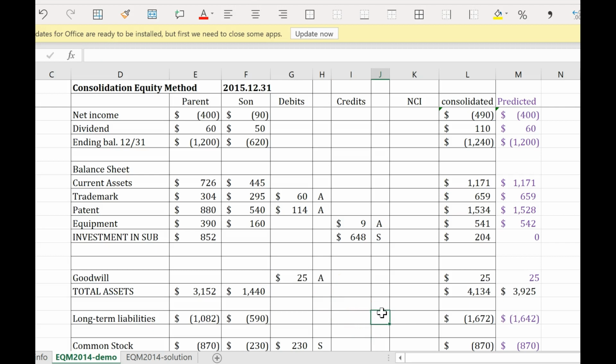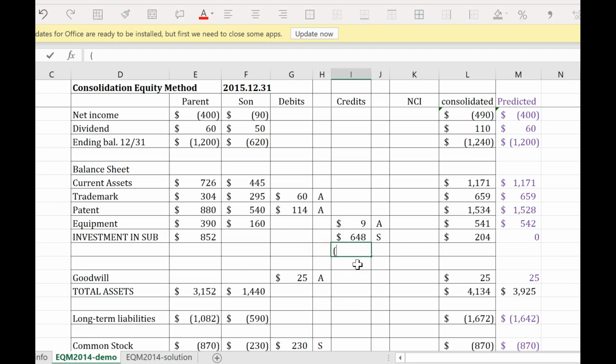Once I settle what the A entries would be, those are basically the debit side of my entry. I'm going to credit that to my investment account.